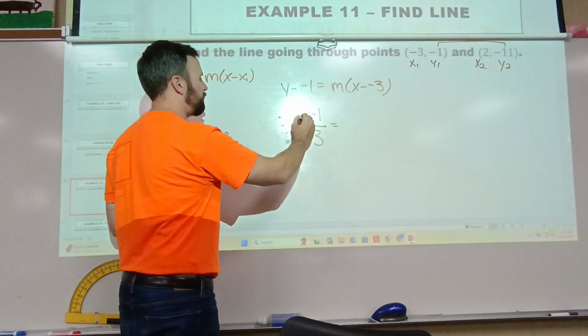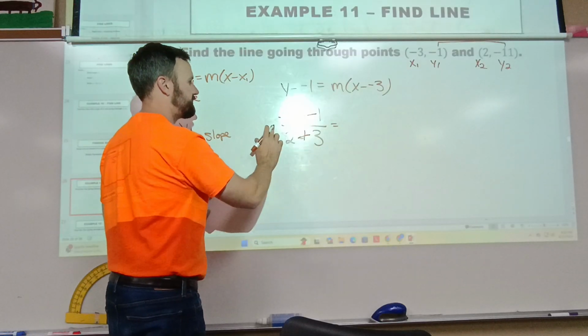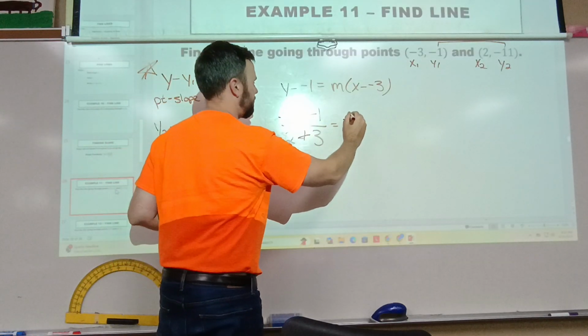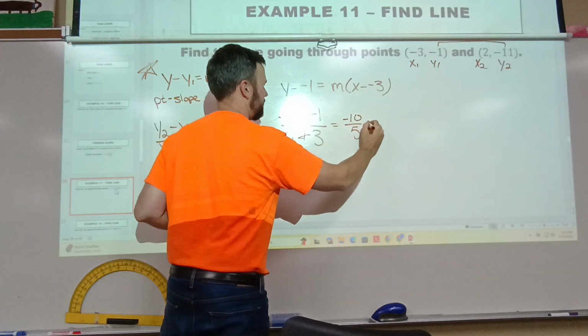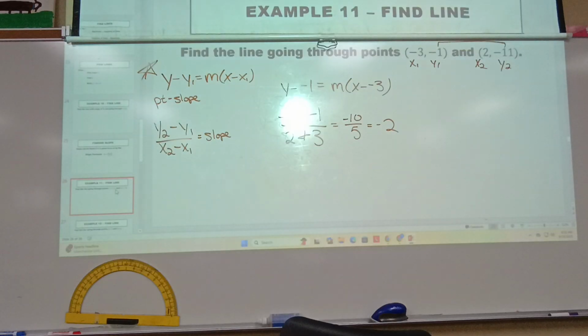Subtracting negatives is like going to Sweden. Flag's a big plus. Big plus. So what's that? Negative 10 over 5. Negative 2. Questions on that? Are we good? Are we great?